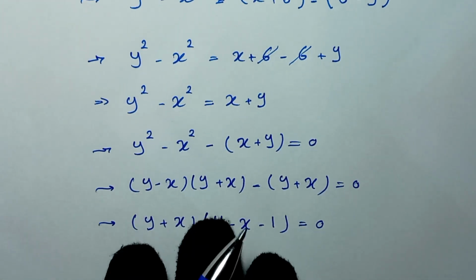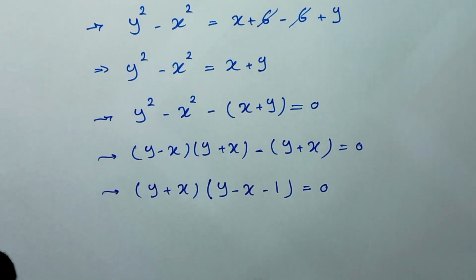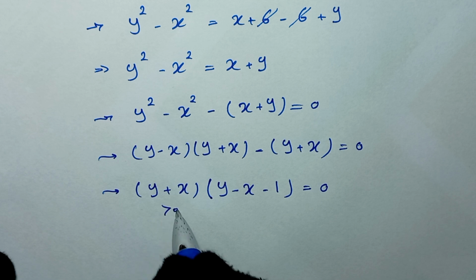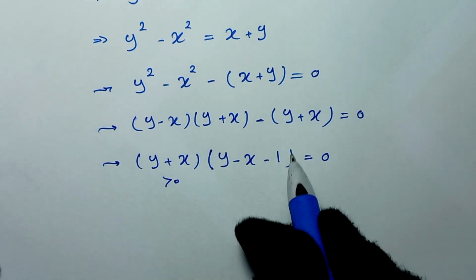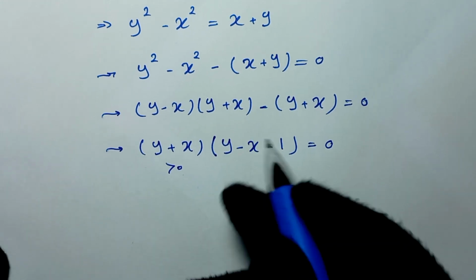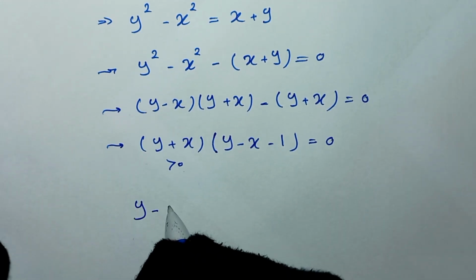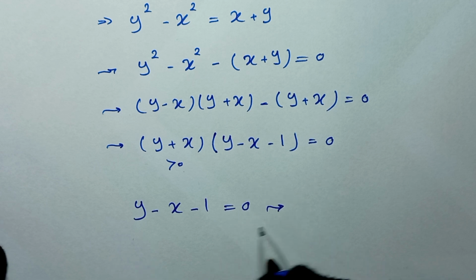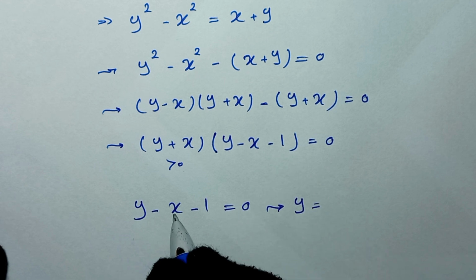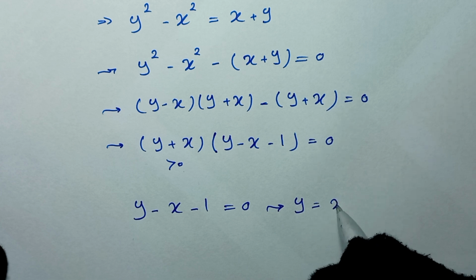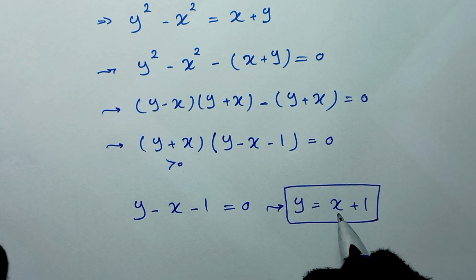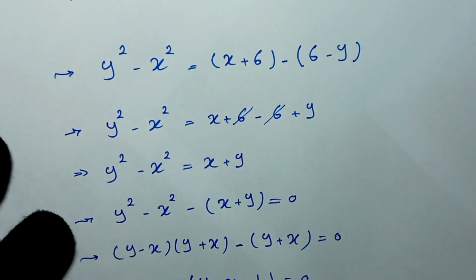So x and y are positive, so this y plus x is positive, and this cannot be equal to 0, so only this part can be 0, right? So y minus x minus 1 is equal to 0, and from here y is equal to, we take this and this to this side, x plus 1. So y is equal to x plus 1.